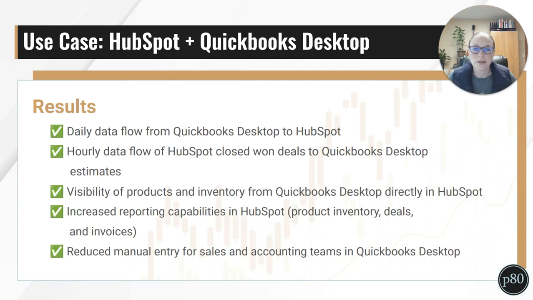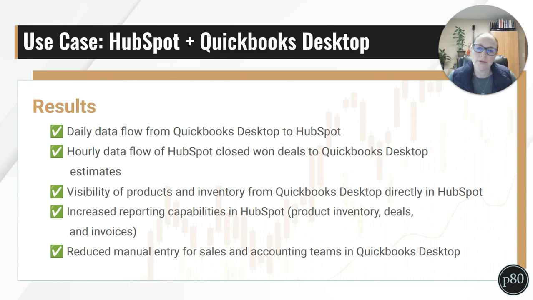A few different things that we were able to solve. We were able to do the data flow daily from QuickBooks Desktop to HubSpot, so that information would update and refresh each day, one time a day. We also did an hourly flow of those closed won deals to QuickBooks Desktop.